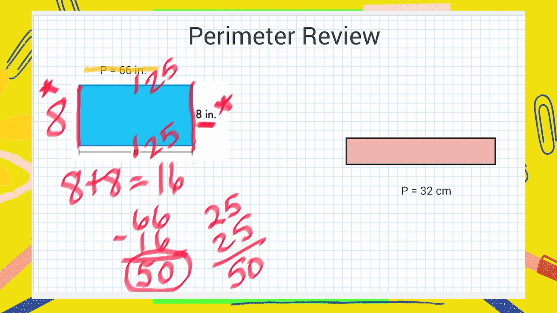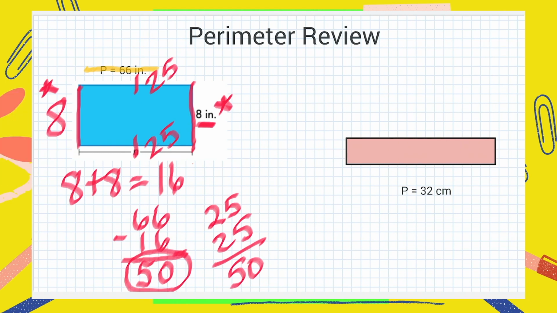Have I found the missing side length? Yes, I have. Now, let's double check just to be sure. If the total perimeter is 66 inches, then that means all of these sides equal 66. Very good. So let's check. 25 plus 25 equals 50.